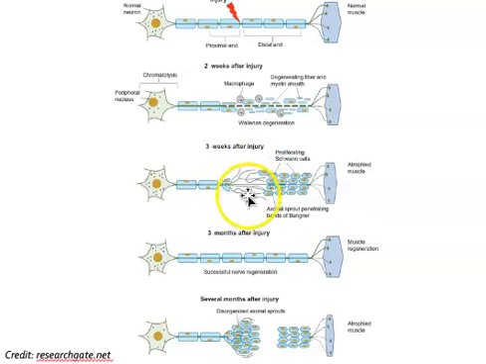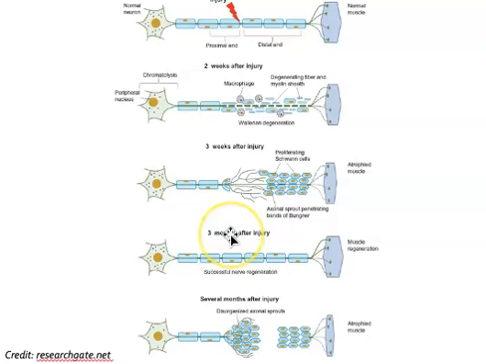And all of these little sprouts will be directed into the tube so that they can be then directed to the location where the new axon needs to go. And of course, we need that location to be back to this particular muscle. And we need new synapses built back to this particular muscle.